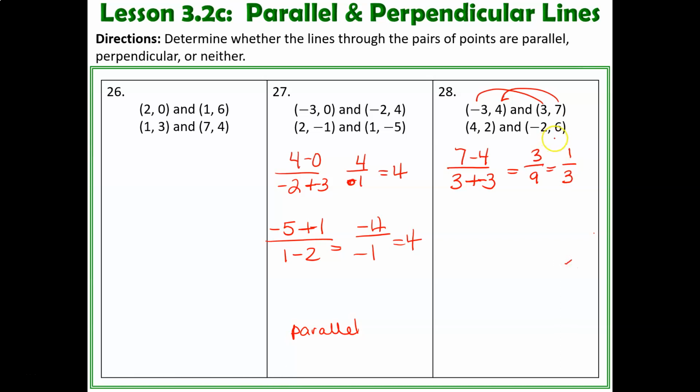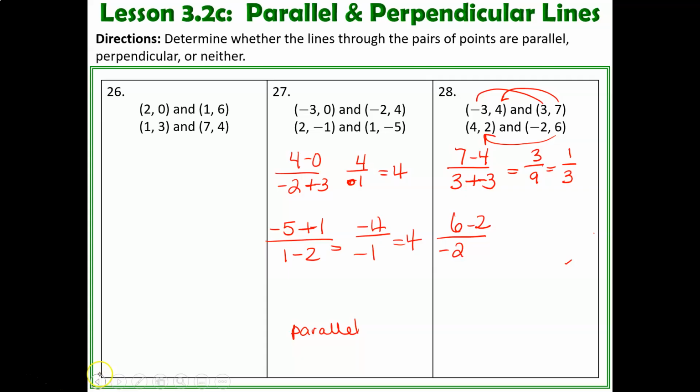Now I have 6 minus 2 over negative 2 minus 4, which gives me 4 over negative 6, which is negative 2/3. So one's negative, one's positive, but they're not flipped. They're not reciprocals. So they're not the same either, so this is neither. All right, that's it.